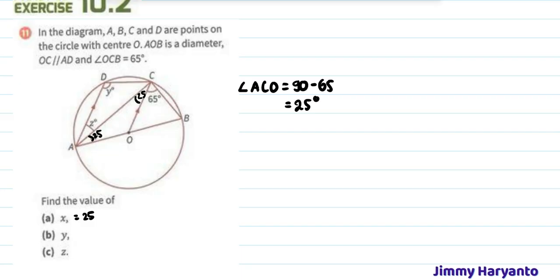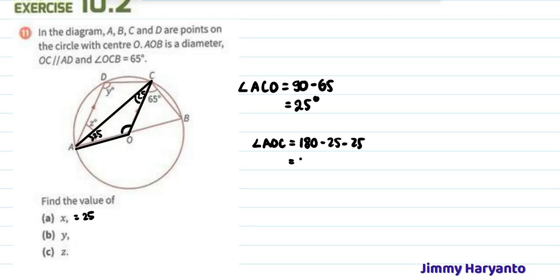And then I think we can find this one by using this triangle. The sum of the triangle is 180 degrees, so angle AOC equals 180 minus 25 minus 25 equals 130 degrees.